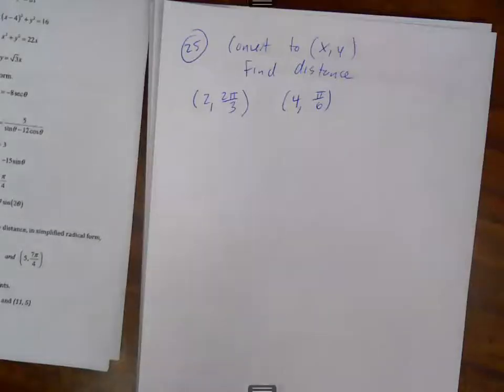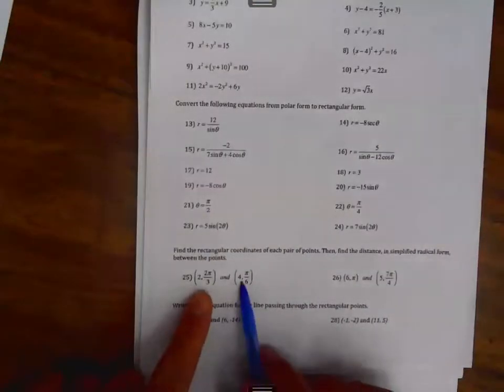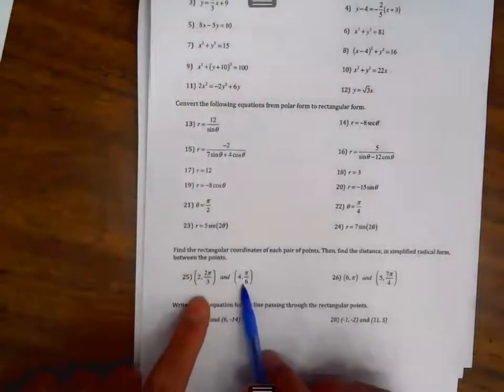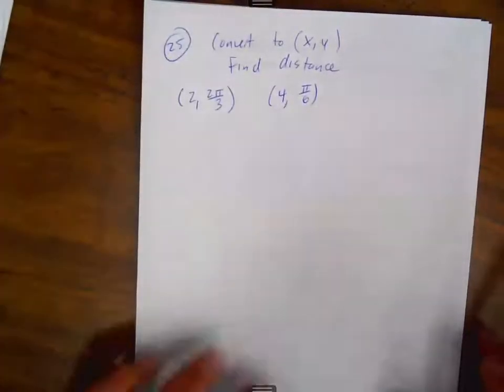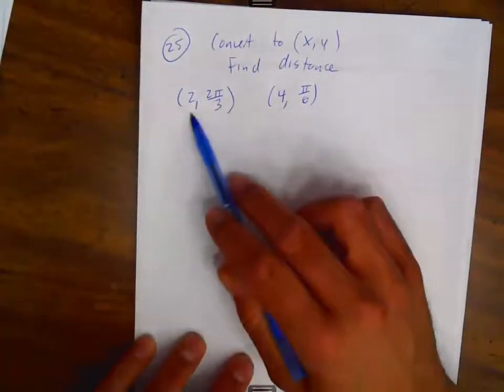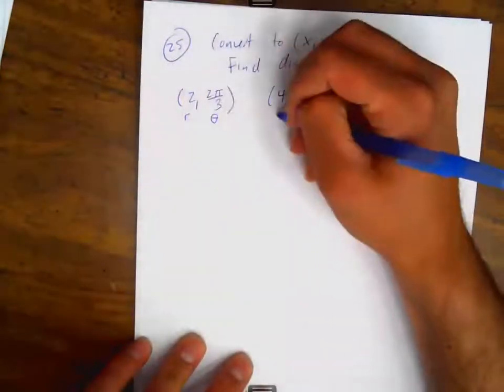All right, number 25. For this question, we have to find the rectangular coordinates for these 2 points, and then find the distance between those points. So we got to convert these first. Recall that when points are in polar form, this is r and that's theta, and that's r and that's theta.